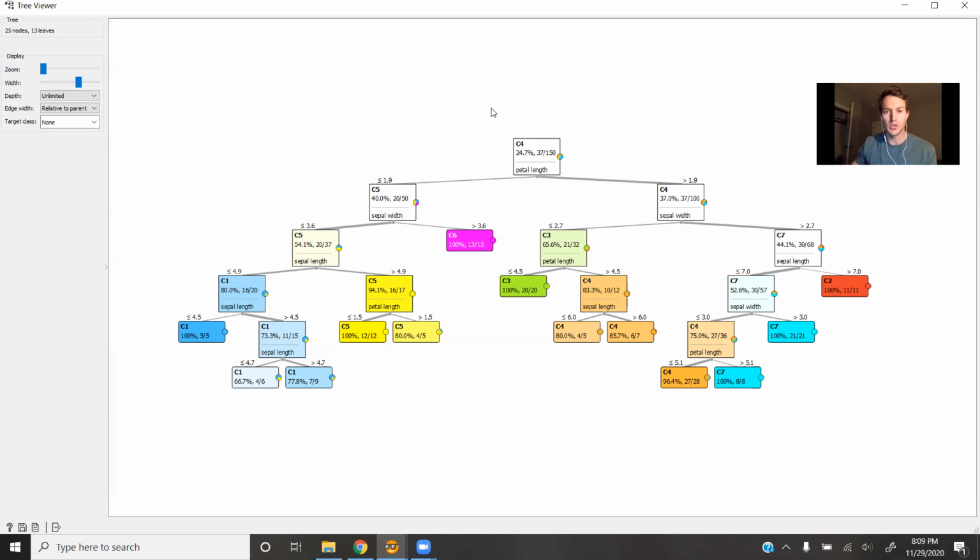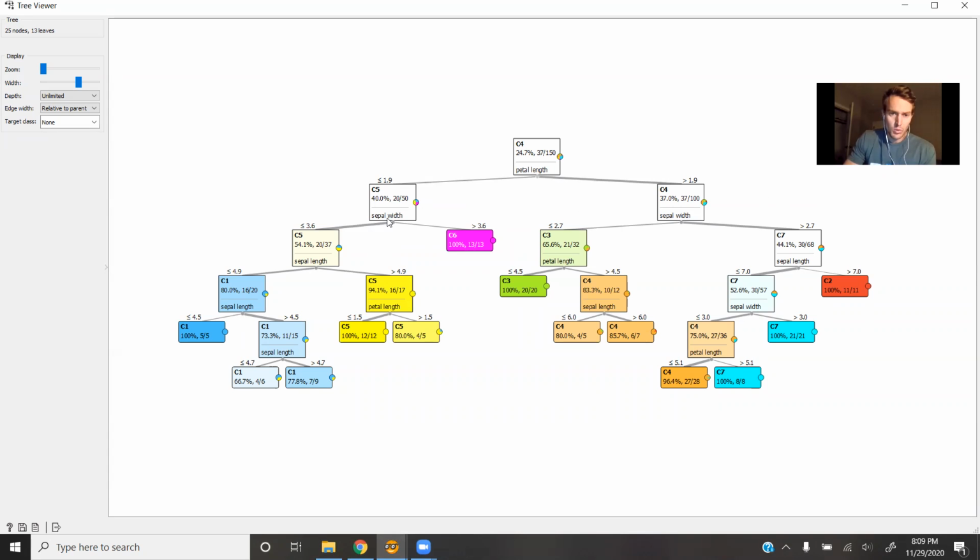So from the petal length node, the most important node, it goes down to sepal width, and on each side, depending on whether the sepal width is less than or higher than 1.9, it will stick it in cluster 4 or 5, and then we will go down from there.